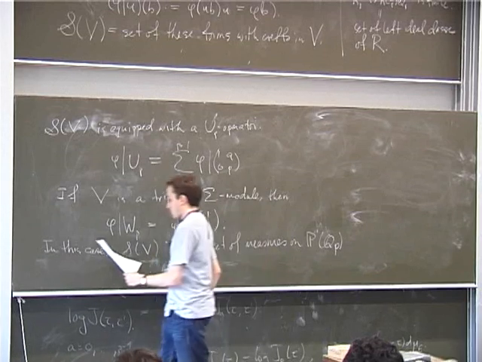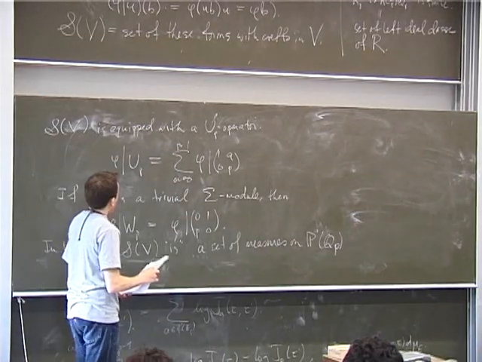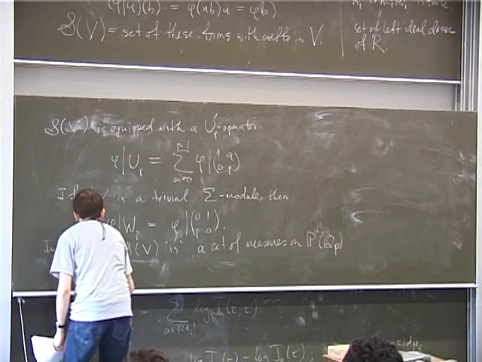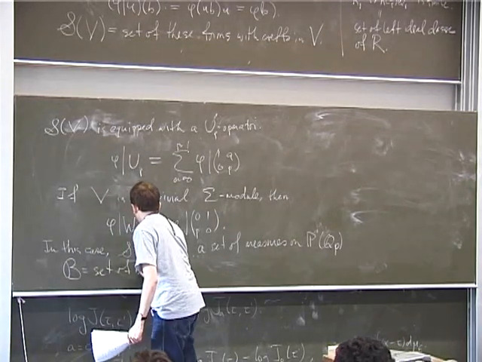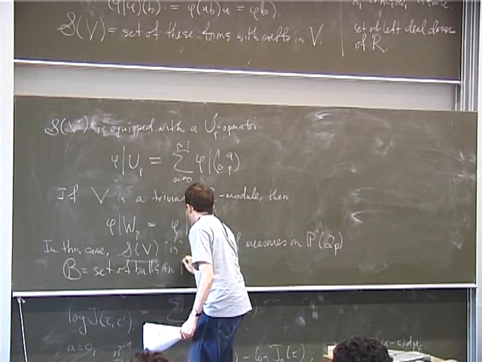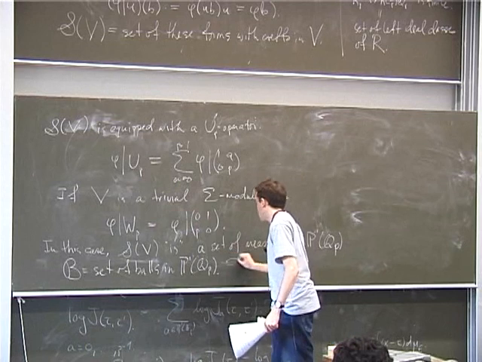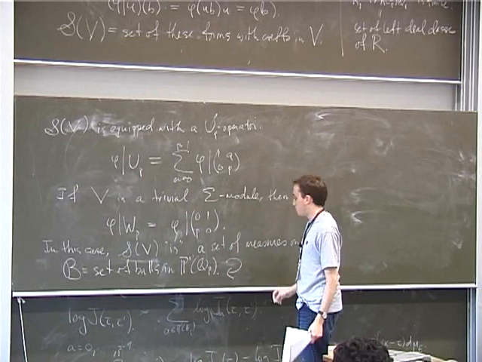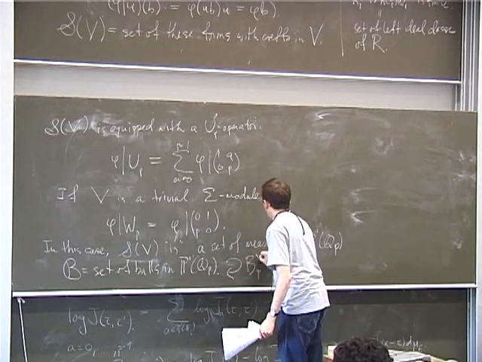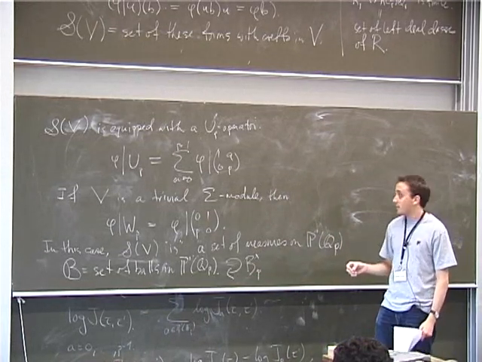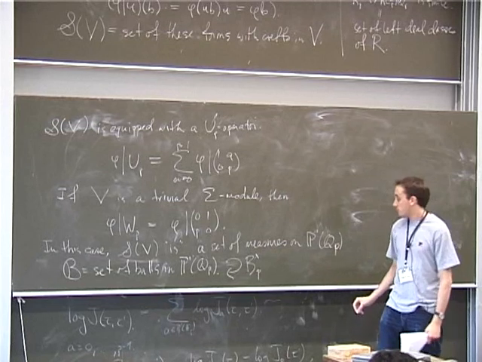Now, the way this works is, let me let B be the set of balls in P1 of Q_p, and on this, we have GL2 of Q_p acting, and I've identified that with B_p star. And the stabilizer of the ball Z_p is exactly R_p star times the center.